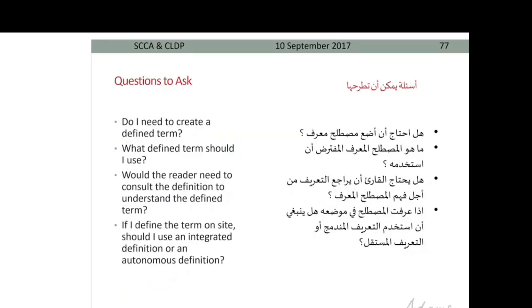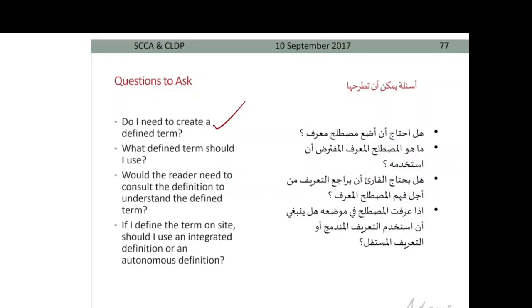So, when I feel the urge to create a defined term, I ask myself these questions. Do I need to create a defined term? Defined terms allow you to state a concept more concisely and consistently than you would otherwise. But defined terms come at a cost.